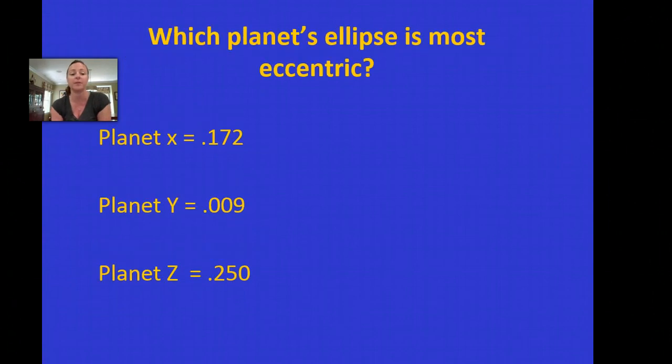Taking a look at those same 3 planets, which planet's ellipse would be most eccentric? Now we're going to look for the opposite. We're going to look for the number that's closest to 1 because that's the flatter line. So that's going to be planet Z. You should circle this in your notes if you have a printout of it. And if you don't, you should be copying this down.